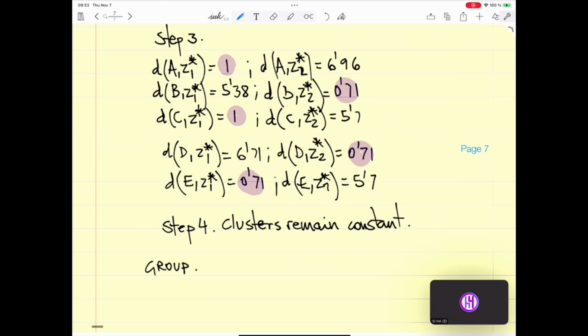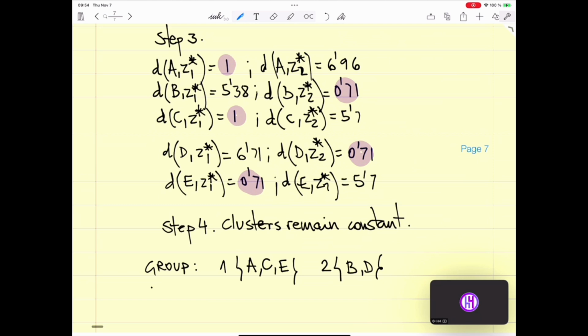The groups or the clusters are 1: A, C, E, and 2: B and D. In the exam, I will probably tell you the first iteration needs to be with these groups. Okay? So that you have to iterate.